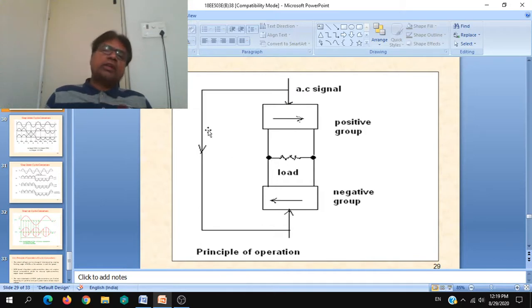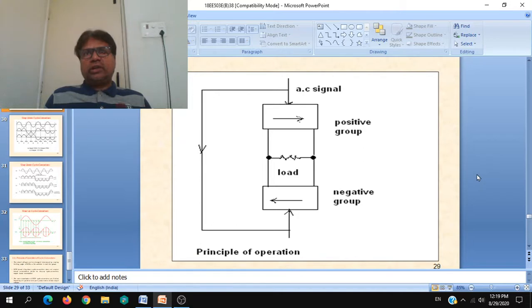Even though positive and negative half cycles are coming from the input AC, if you want only positive half cycles fed to the load, you will operate only the positive group. Likewise, if you want only negative half cycles fed to the load, then only the negative group will be operated.